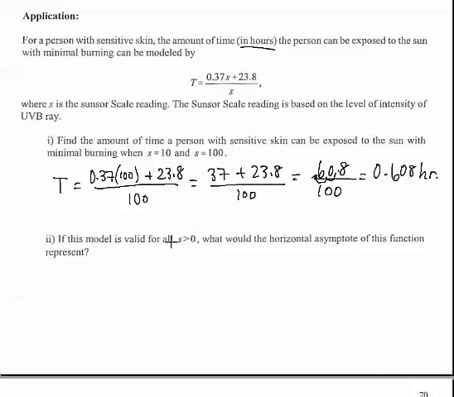2. If this model is valid for all S greater than 0, what would the horizontal asymptote of this function represent? Okay. Horizontal asymptote, to figure that out, we simply compare the degree of the numerator with the degree of the denominator.